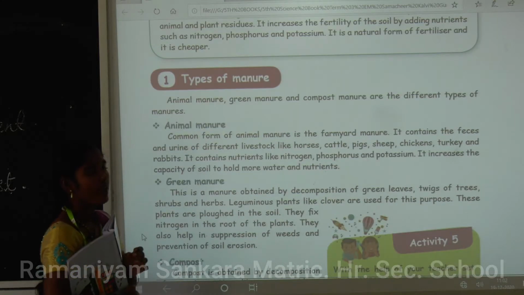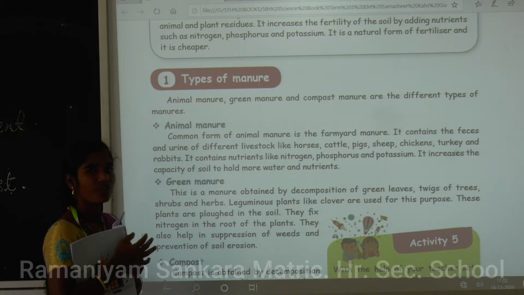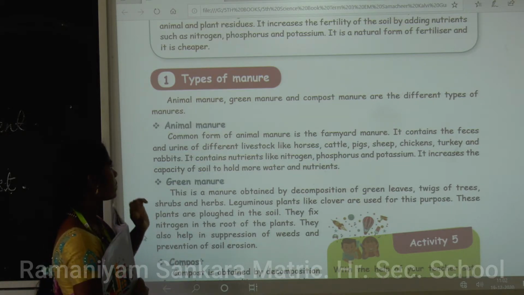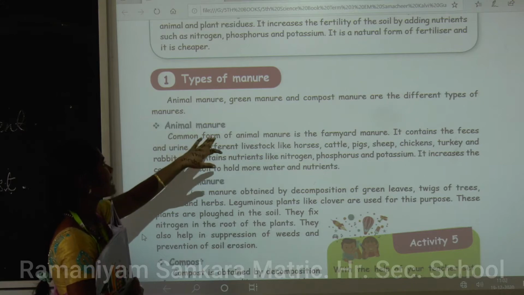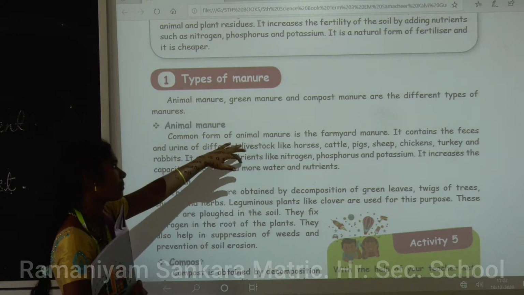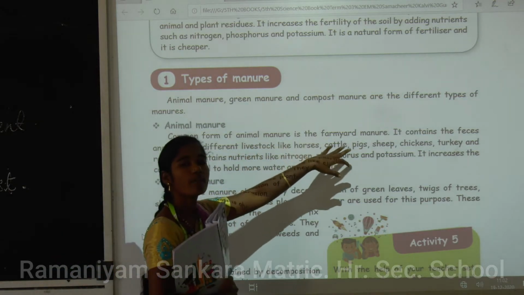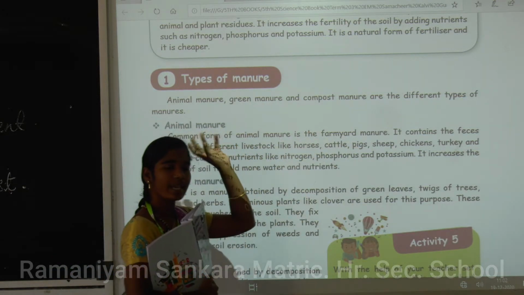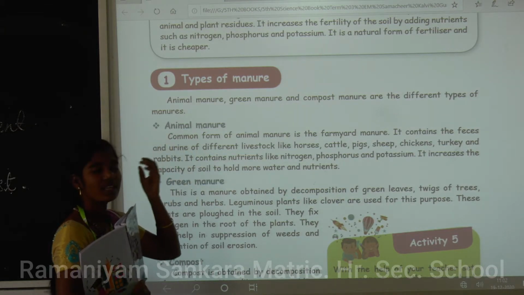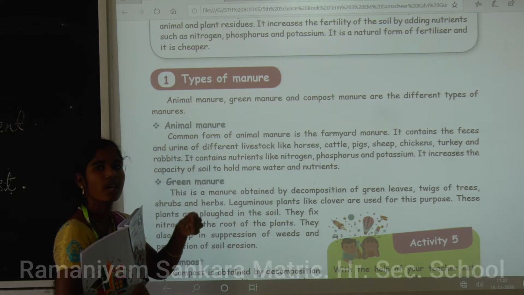Next, types of manure. What are the different types of natural manures? The first one is animal manure. The common form of animal manure is called farmyard manure. Animal manure is the excretion of animals, their waste, and another name for it is farmyard manure.